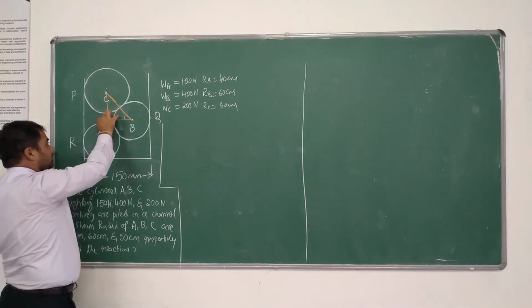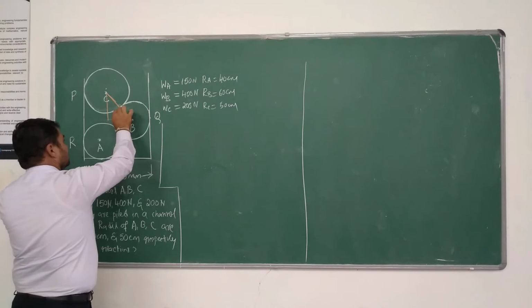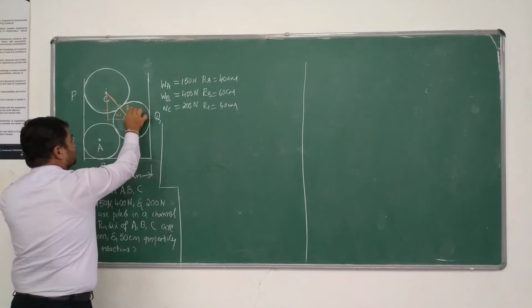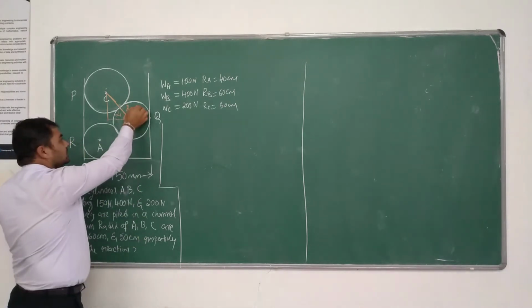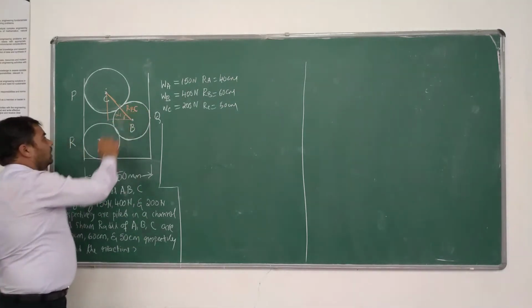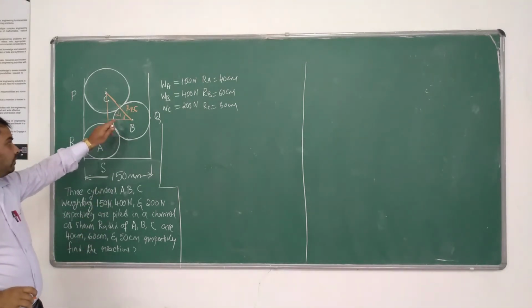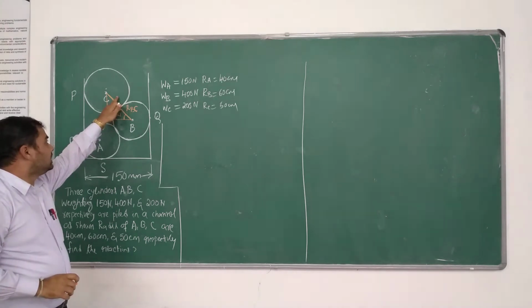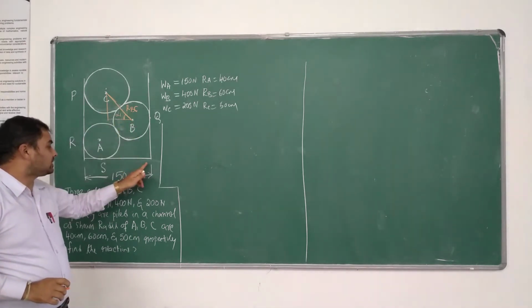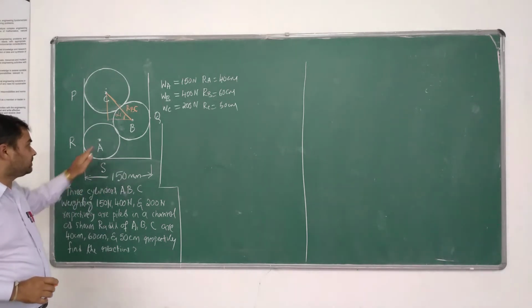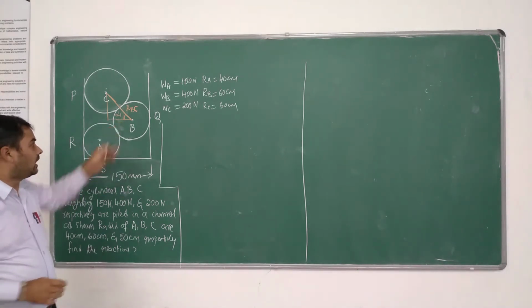I'll call this inclination alpha 1, and this reaction is B to C. Now how do we calculate the value of alpha 1? In the problem, the diameters of the cylinders C and B are given, and the width of the channel is also given. Based on these dimensions, we can calculate the value of alpha.